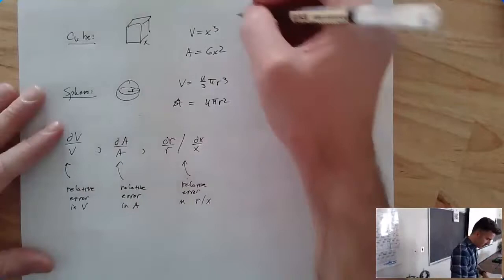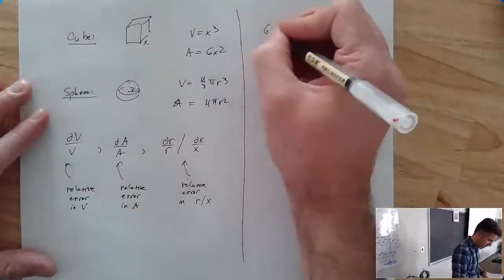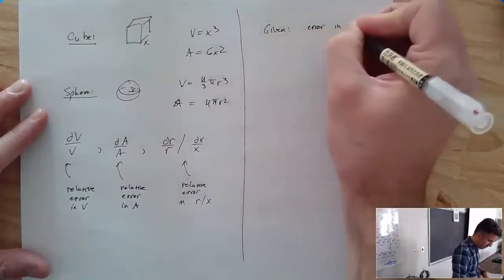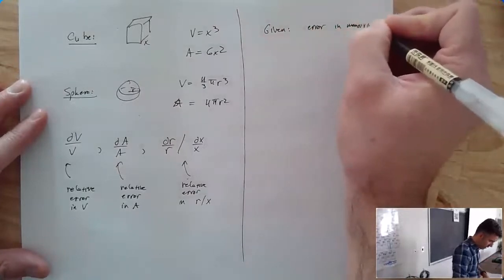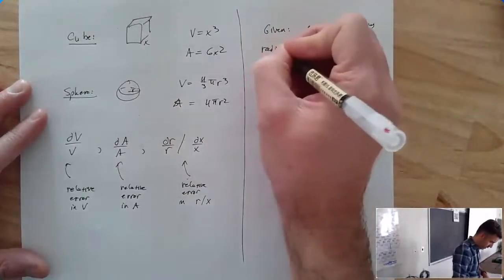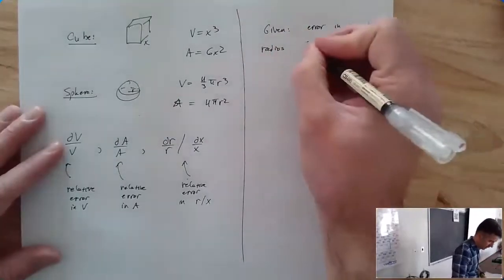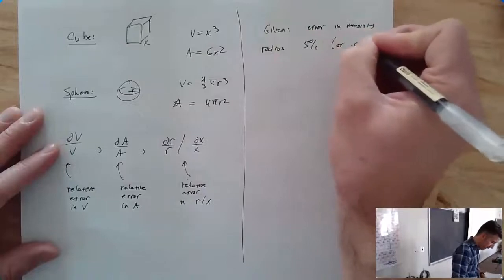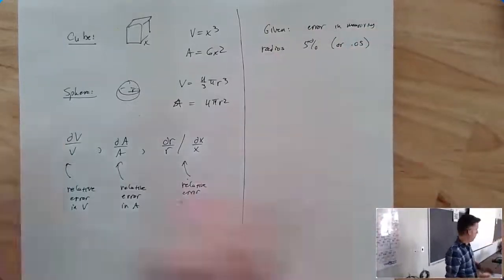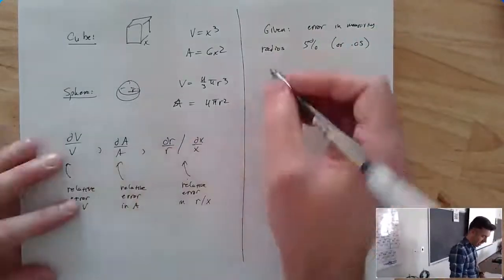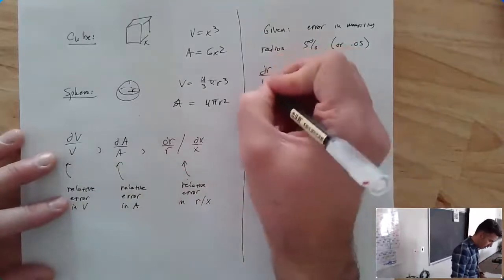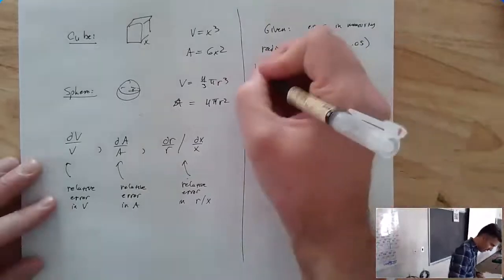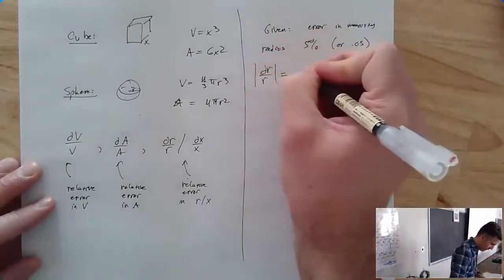So in the previous problems, we were given that the error in measuring, say, the radius is some percentage, let's say 5% or 0.05. So right there, when I read that, I know that dr over r in absolute value, so we don't have to do plus or minus, is 0.05.